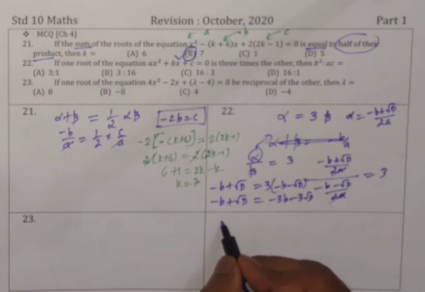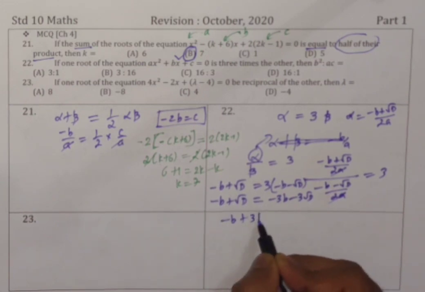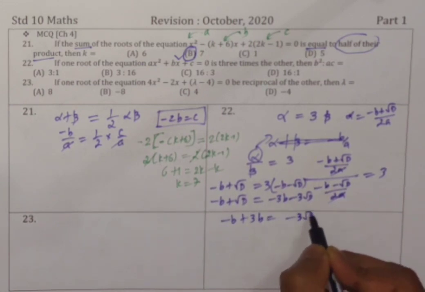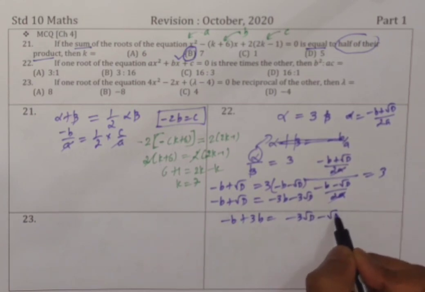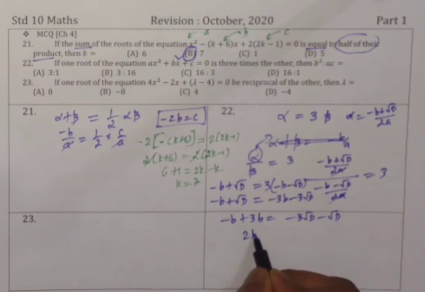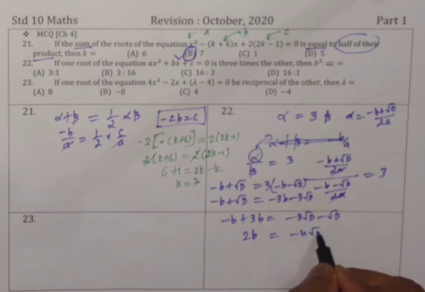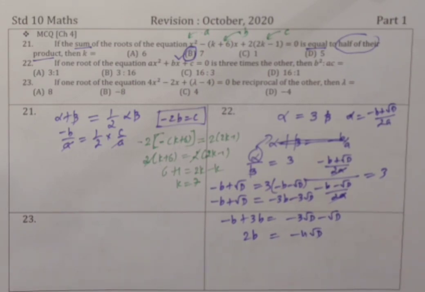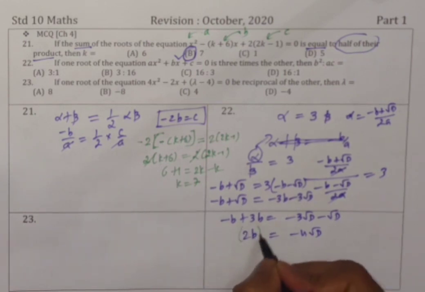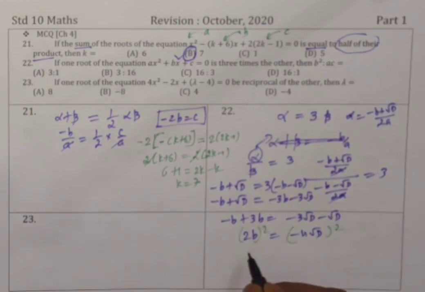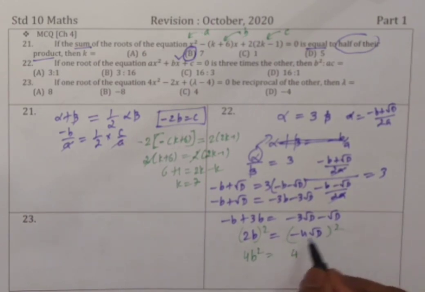Alright, take one to one side. Minus b plus 3b is minus 3 root d minus root d. So that is 2b is equal to minus 4 root d. Children, because of the root, squaring both sides. So this gives me 4b square is equal to 16, because the minus goes away, square of 4 is 16, and root d becomes d.